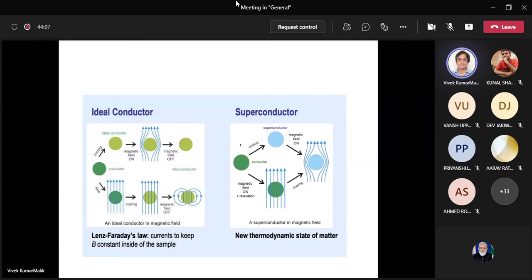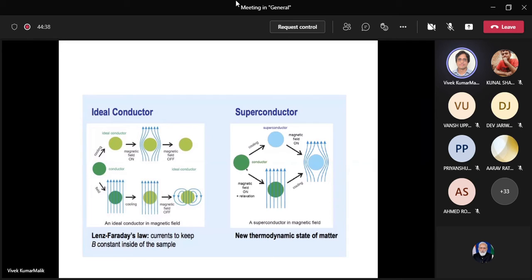But what is different from an ideal conductor is that if you apply the magnetic field first and then you do the cooling, you observe the same effect, which you cannot understand from Faraday's law, because you are not changing anything except the temperature, because you are not decreasing or changing the field. Even if you first apply the magnetic field, so the field lines are penetrating this conductor, and then you cool it, the field inside the superconductor is zero.